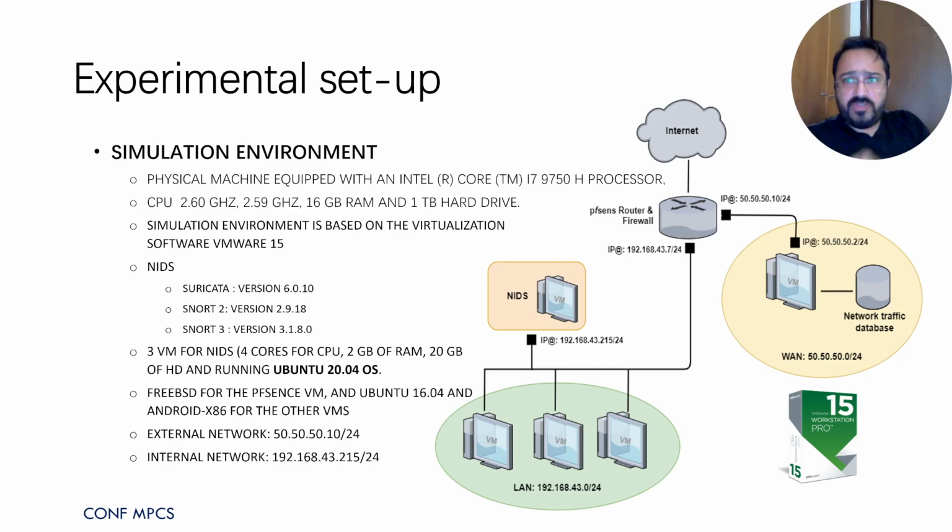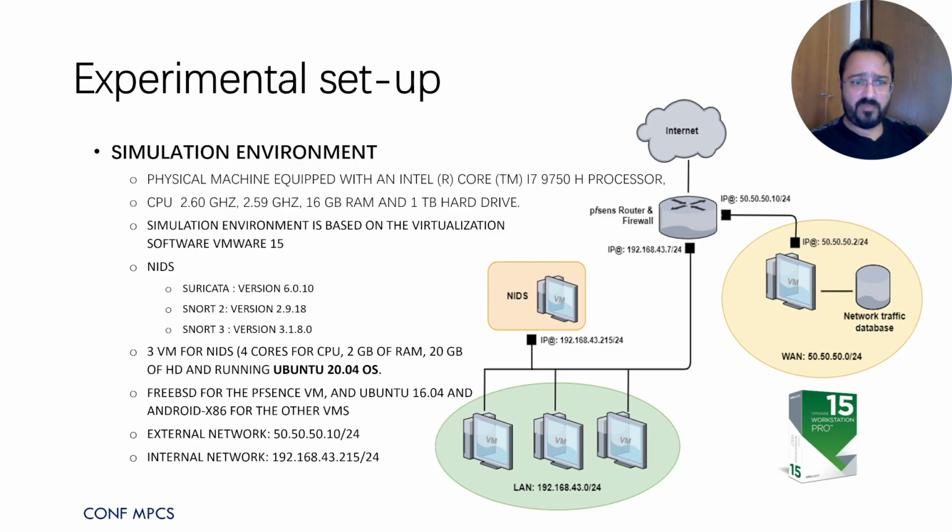And on each of these machines, we then put the software: the version of Suricata, version 2 of Snort, and version 3 of Snort. We wanted, as I said, them to be identical, to have the same things. The only difference each machine has is the IDS.